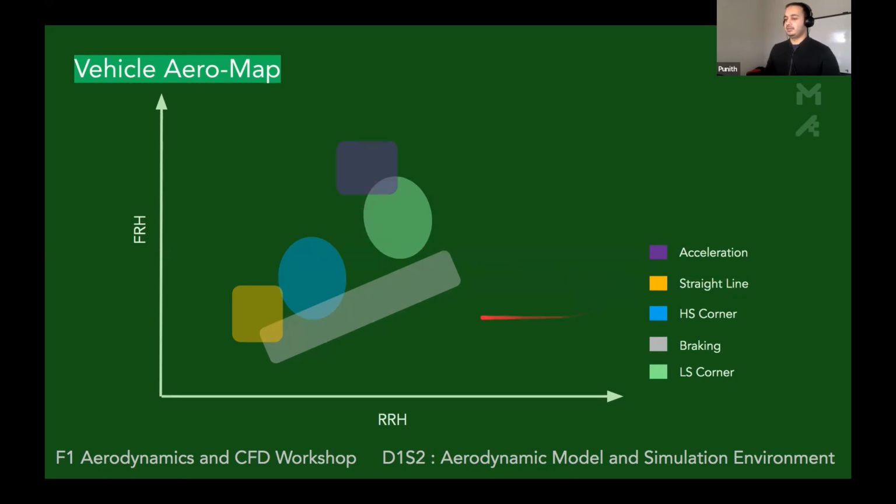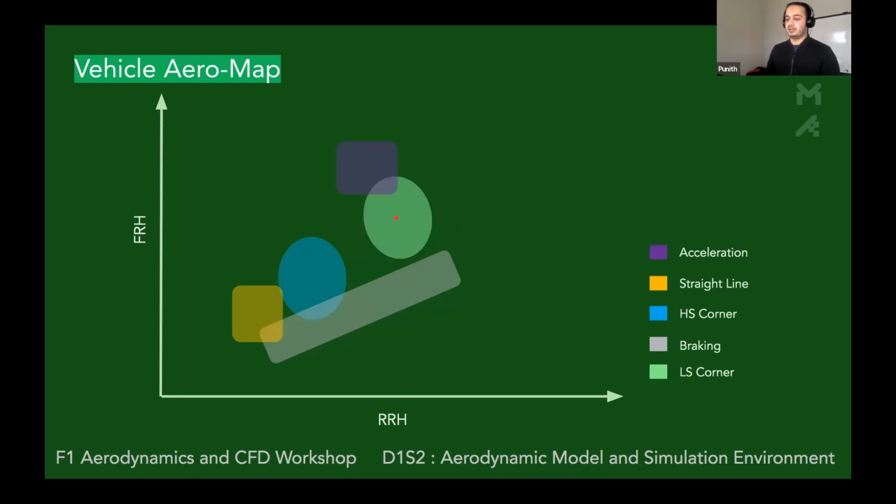A straight line, you're sitting mostly around here because you've got lots of load on the car, so it's squatting quite a lot. High speed corners, you're sitting around here. Generally low front and rear ride height. Braking can be quite a big zone depending on which part of the track you're braking. You could be braking from a corner, from a straight, or things like that.